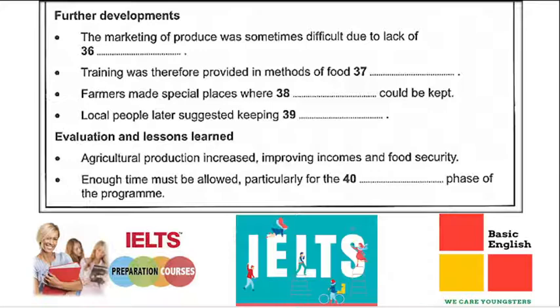This problem was discussed with the farmers' associations, and it was decided that in order to prevent food from being spoiled, the farmers needed to learn techniques for its preservation. There was also an additional initiative that had not been originally planned, but which became a central feature of the programme.